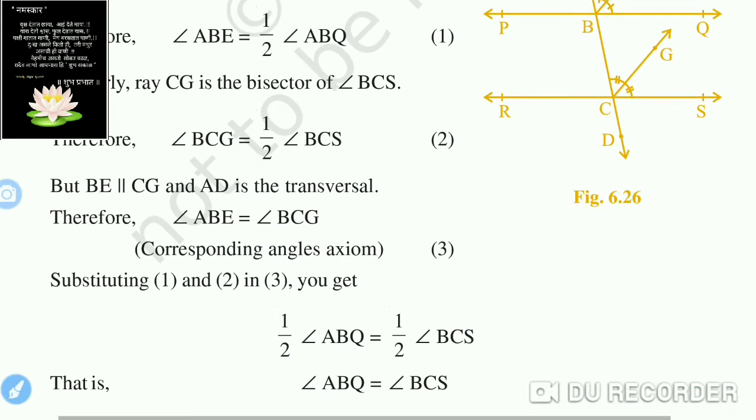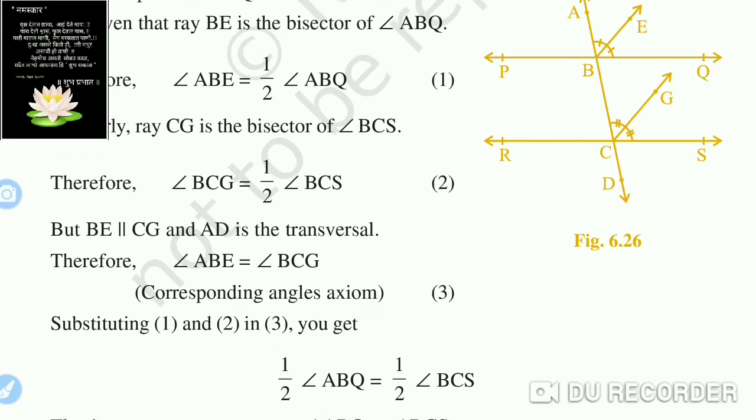Above we are saying ABE is half of ABQ, then BCG is half of BCS. Since ABE is equal to BCG, half of both these angles are equal, so the full parts also will be equal.